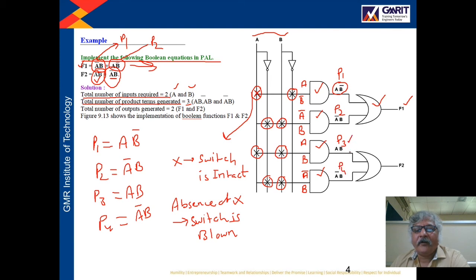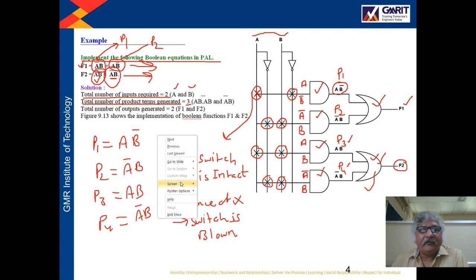Product terms 3 and 4 are connected to the input of this OR gate, so we get the function F2 implemented through this OR gate. In this way the logic is designed. Now this is about the PAL.